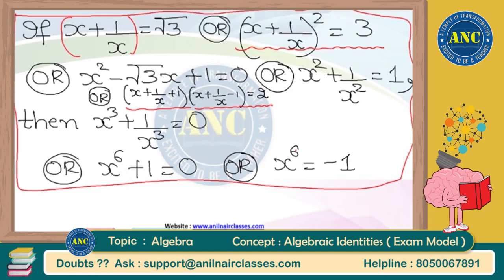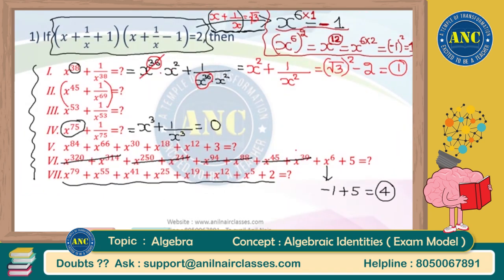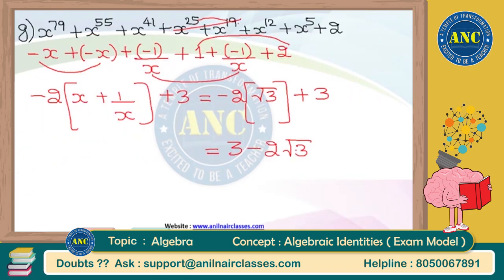The difference between the powers should be 6. If the difference between the powers is 6, then the value happens to be 0 once again. So these are all few things that you need to remember to solve some good excellent questions. And we have solved the first main question, which has 7 sub questions for our basic level of understanding. I hope the entire first question is very, very clear for everyone who is listening to the class.